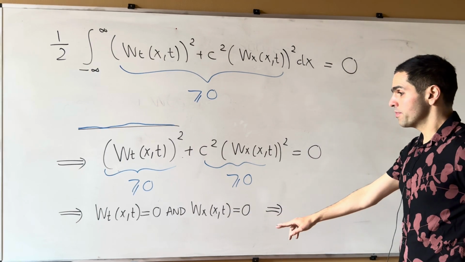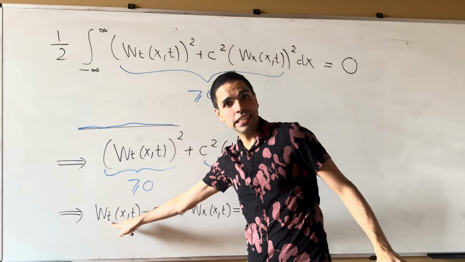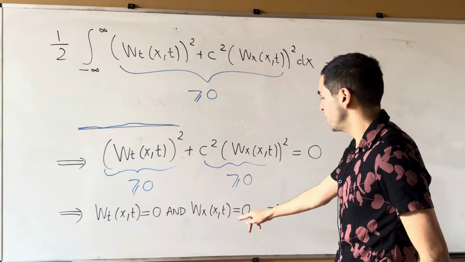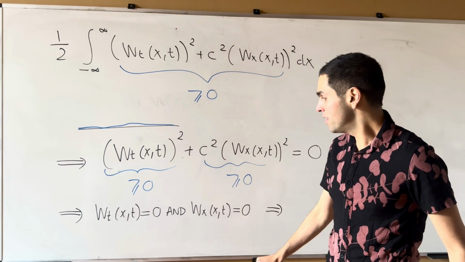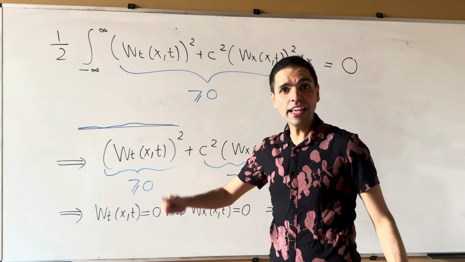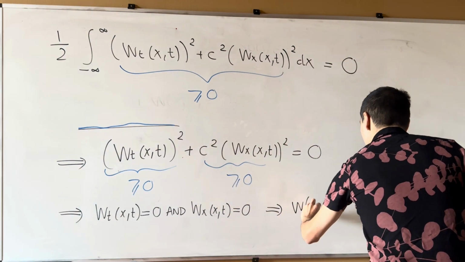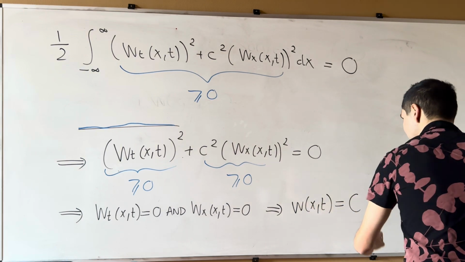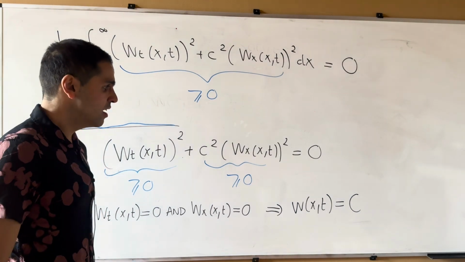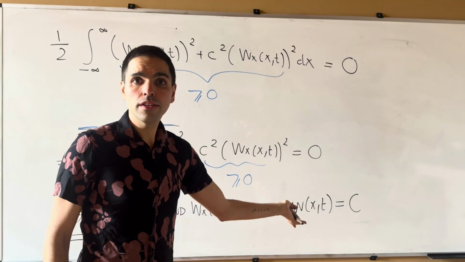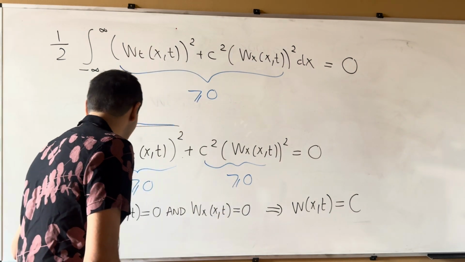So in other words, what do we know about w? It doesn't depend on t, because the t derivative is 0. It doesn't depend on x, because the x derivative is 0. So it doesn't depend on either x or t, and therefore it is constant. It is constant. So in other words, w never changes, but remember, initially w is 0, and so the constant is 0.